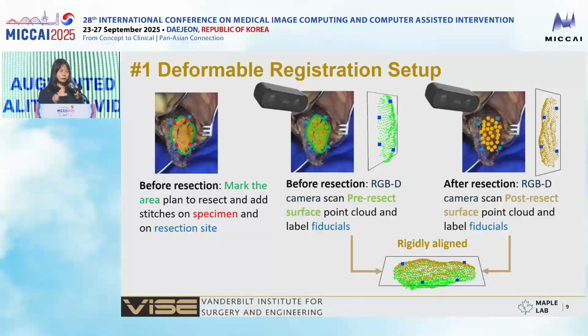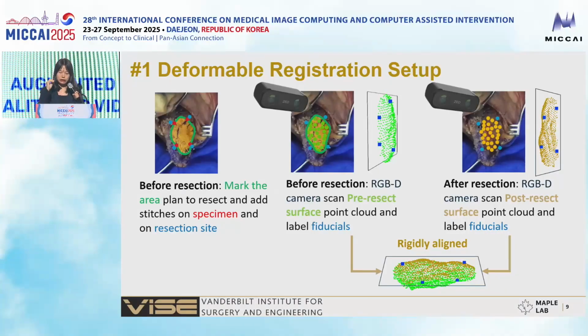I'll go through each component one by one. So for the deformable registration, before the resection, we ask the surgeon to mark the area they plan to resect, and add 4 pairs of stitches. These stitches are later used as fiducial points. Then we use a Z camera to scan the surface the surgeon marked, and this is our pre-resect surface.